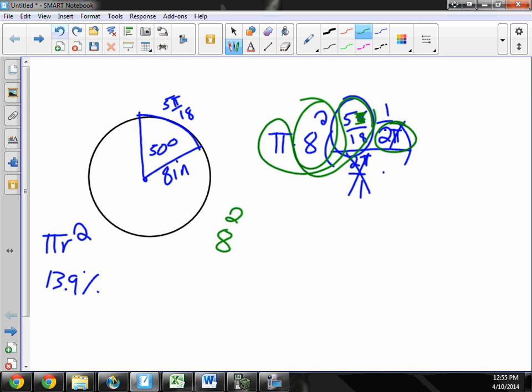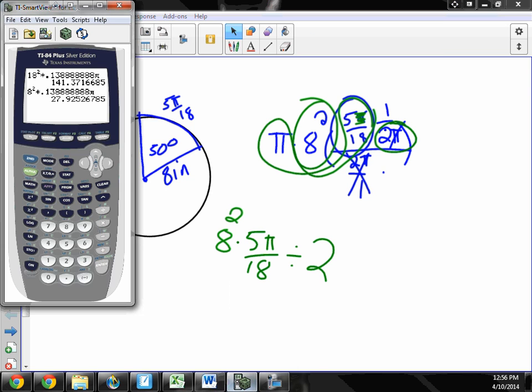Don't divide them each individually, just one of them. At the end, put divide by 2 and you're good. So 8 squared times 5 pi over 18 divided by 2. So r squared times 5 pi over 18, and then divided by 2.